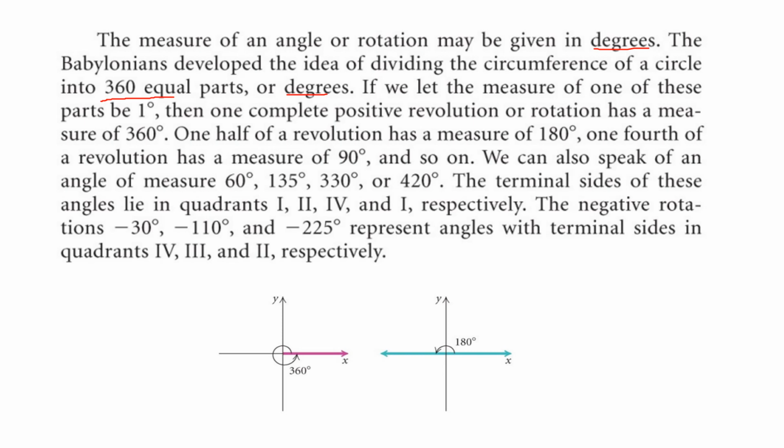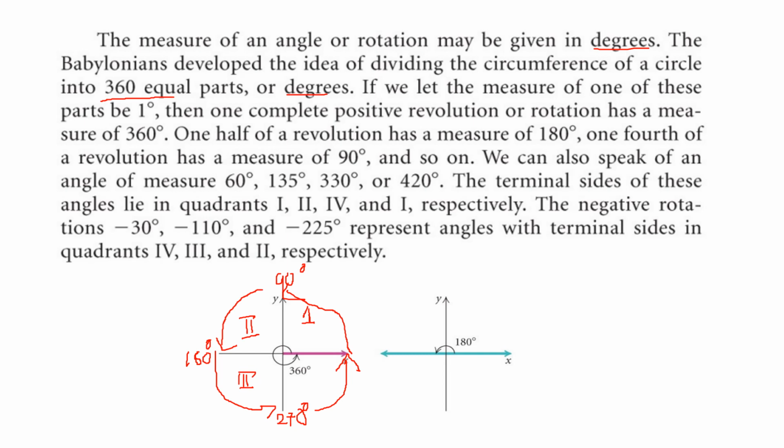Overall the Cartesian system we divide into 4 parts. From 0 to 90 degrees we call the first quadrant, 90 to 180 degrees we call the second quadrant, 180 to 270 degrees is the third quadrant, and the last one, 270 to 360 degrees, we call the fourth quadrant.